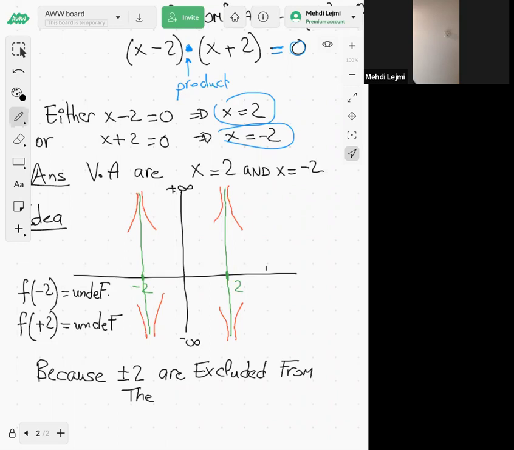Okay, so that's why my graph here cannot touch the vertical asymptote, because f of negative 2 is undefined, right? And the same for positive 2 here, right? So here's my positive 2, and the graph is going to be as close as I want, but never touch the x equal to 2.